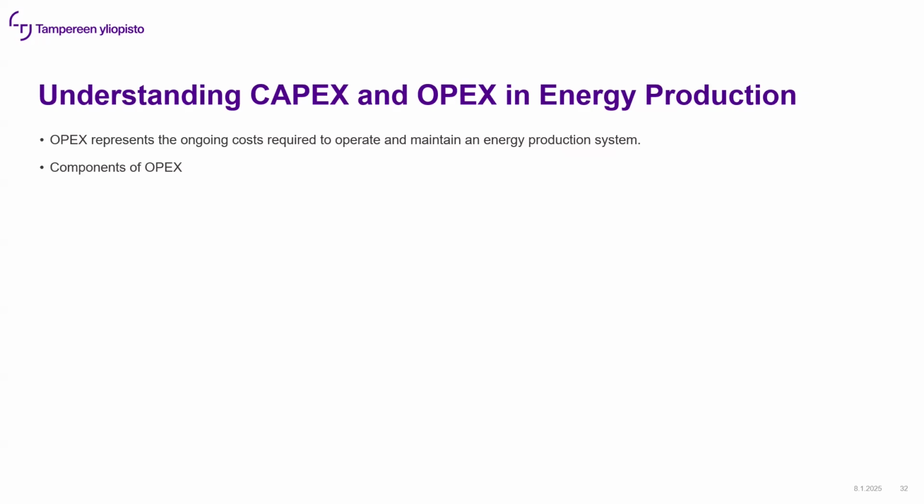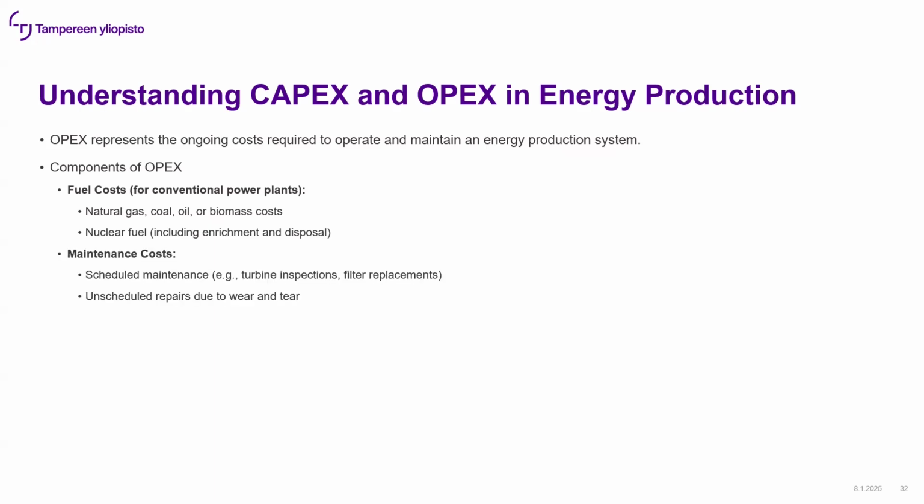So OpEx represents the ongoing costs required to operate and maintain an energy production system. And usually in our crude calculations, we only take into account, for example, the fuel price. The fuel price is the most dominant in most cases, natural gas, nuclear fuel, and so forth. But there's also maintenance costs, scheduled maintenance, unscheduled repairs due to wear and tear, as in these nuclear power plants. Staffing and operations.